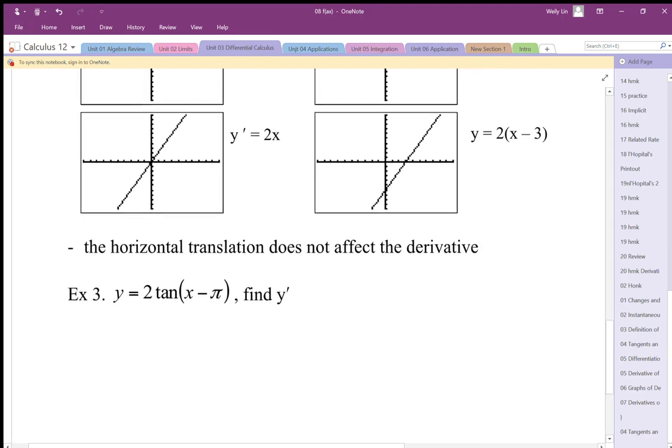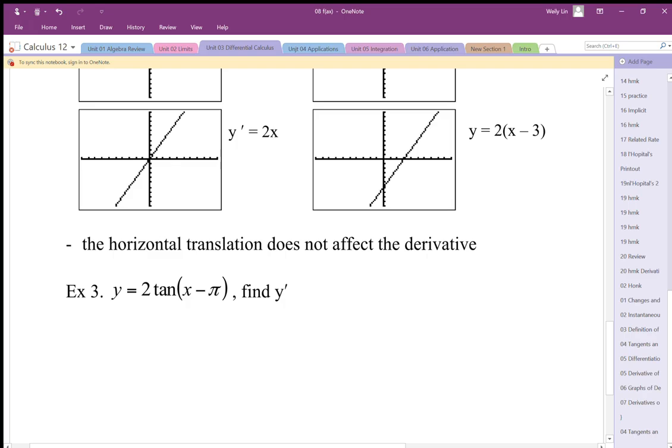So this example here is all a horizontal shift. When I differentiate this, I keep the 2. I'm going to differentiate the tan into secant squared. As long as I just keep it in the same relative position, that's all I need to do. There's nothing that affects the shape of this graph, so I don't need to do anything with the minus pi shift.